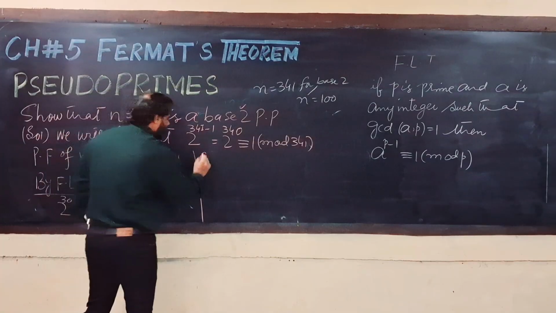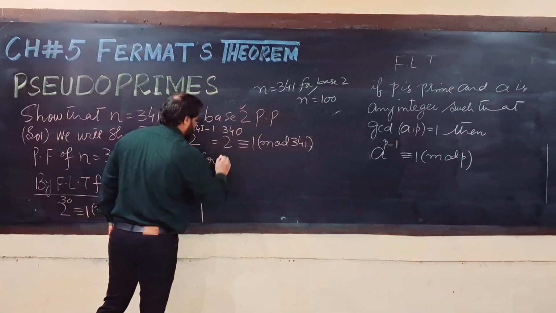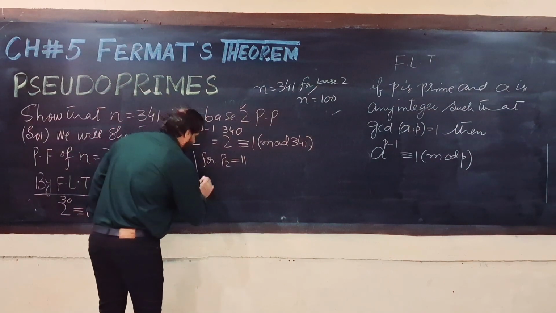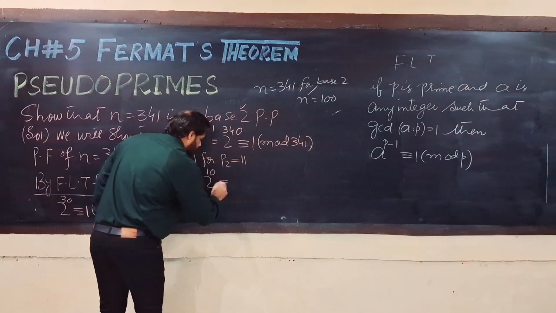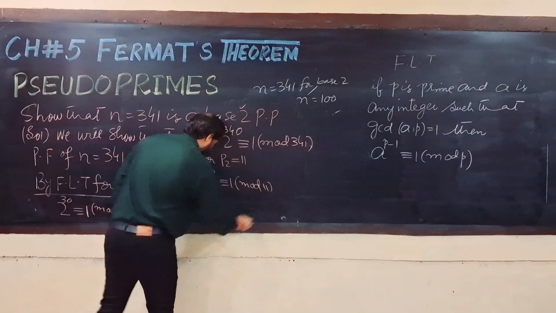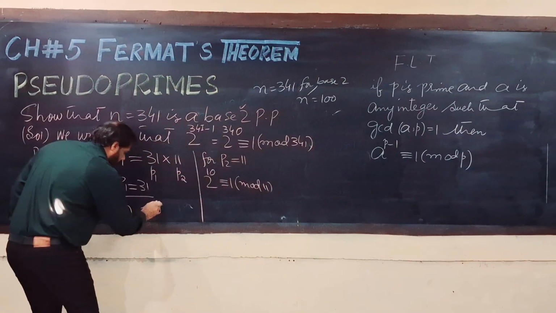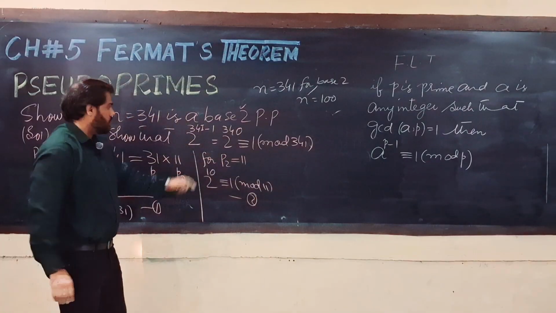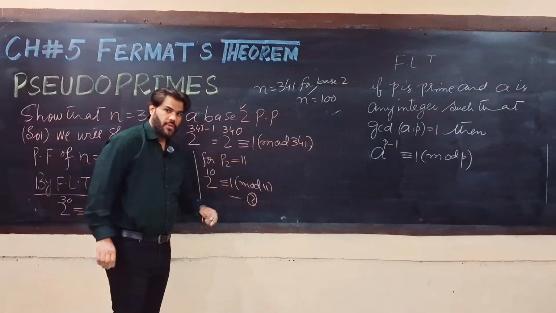Similarly, by Fermat Little Theorem for the second prime, that is P2 is equal to 11, we have 2 raised to power 10 is congruent to 1 modulo 11. Say this is 1 and this is 2. I have to show that 2 raised to power 340 is congruent to 1.